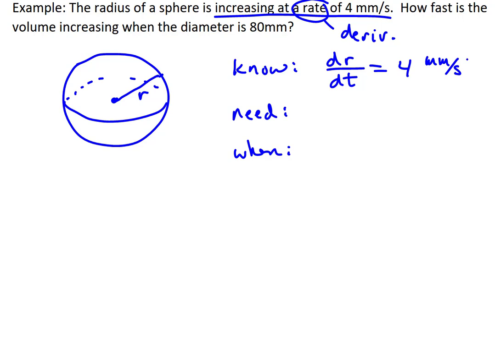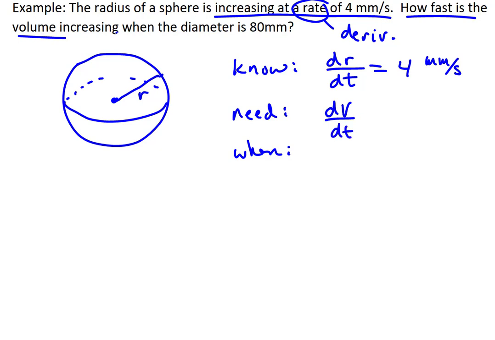That's what we know. Now, the next part says, how fast is the volume increasing when the diameter is 80 millimeters? Now, how fast is, that's our question being asked, which is what we need to answer this question. How fast is, well, that sounds like a rate kind of question, but this time the question is, how fast is the volume increasing?